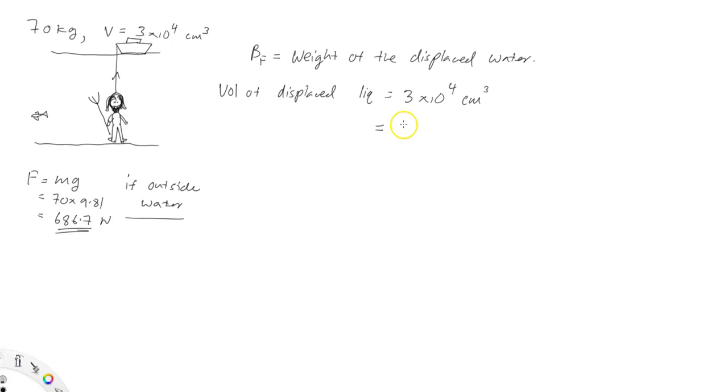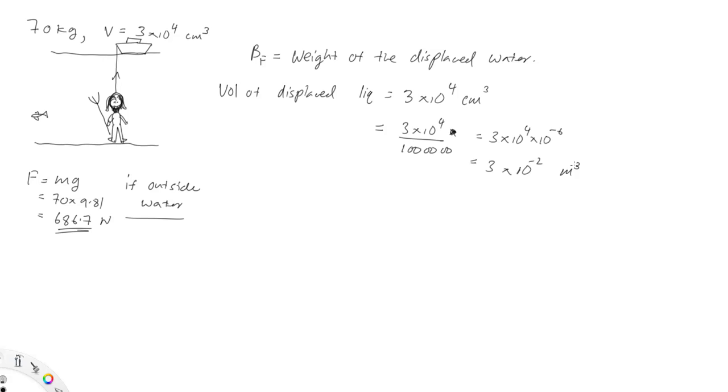How do I do that? 3 times 10 to the 4, divide by 100 three times: 100, another 100, another 100. So 3 times 10 to the 4 times 10 to the negative 6, which is 3 times 10 to the negative 2 meter cubed. That's the volume.